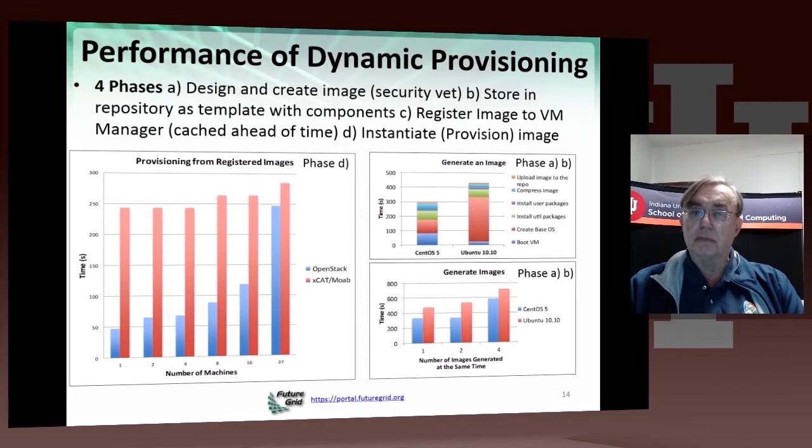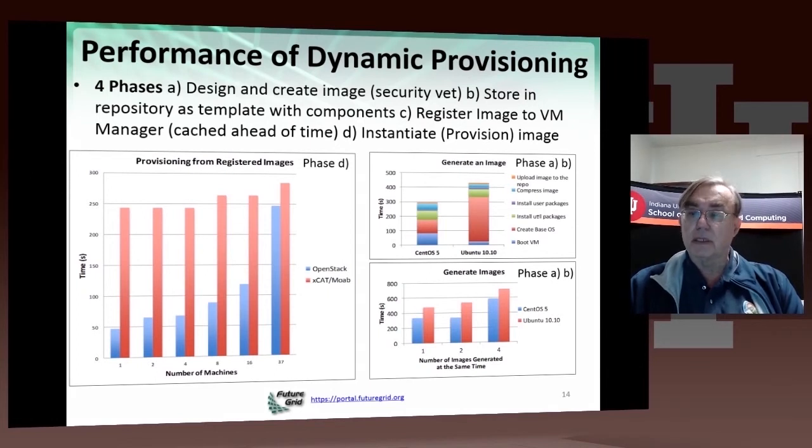So you design and create it, you vet its security, but then you do not necessarily store the image as a rather large number of bits and bytes, but you can store it as a template, which you've already shown that you can create.